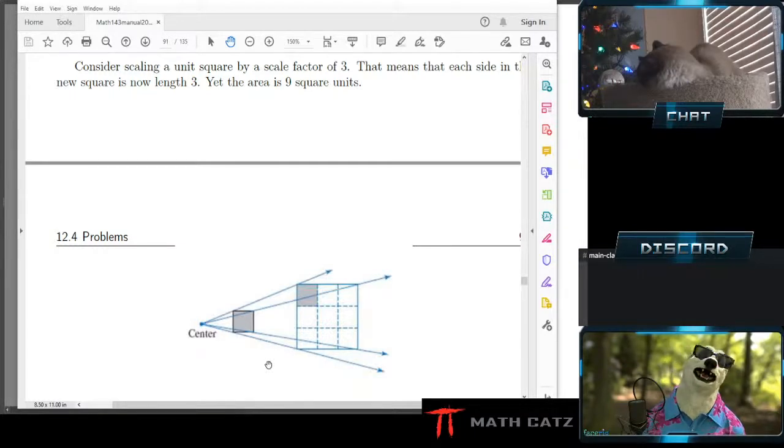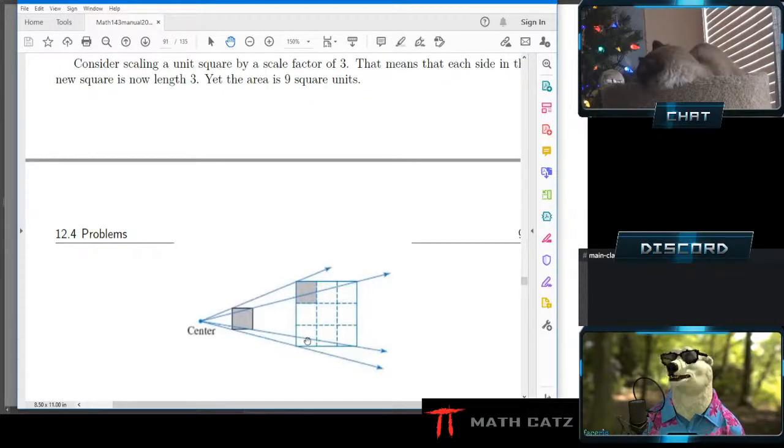So the area doesn't change in the same way as the side length changes, which kind of makes sense because when I talk about area, it has 2 dimensions, the product of the length and the height dimension.